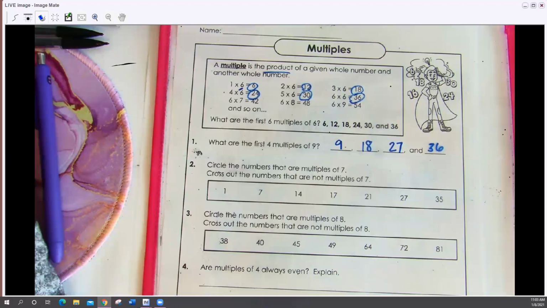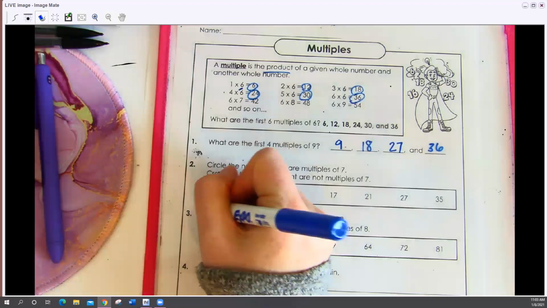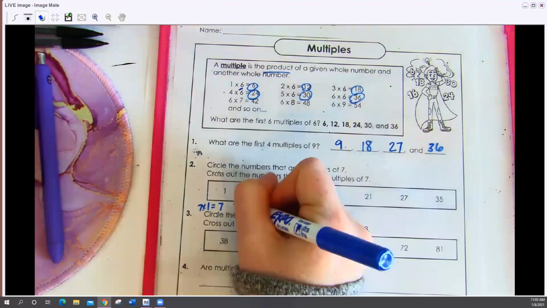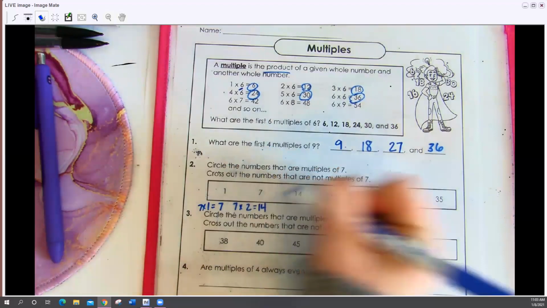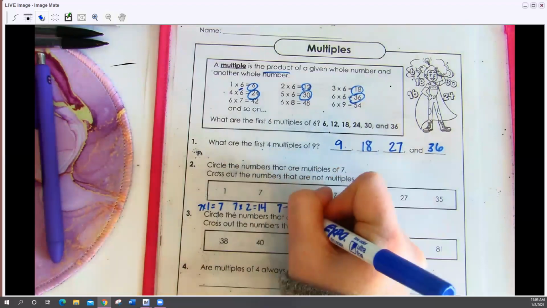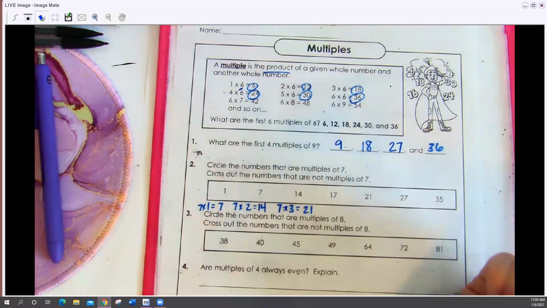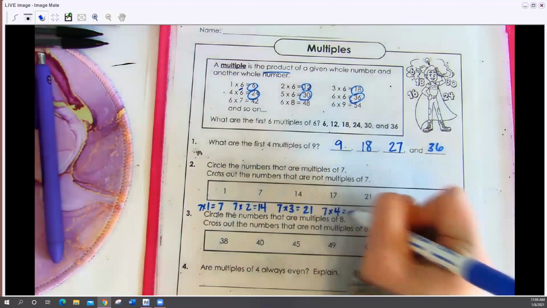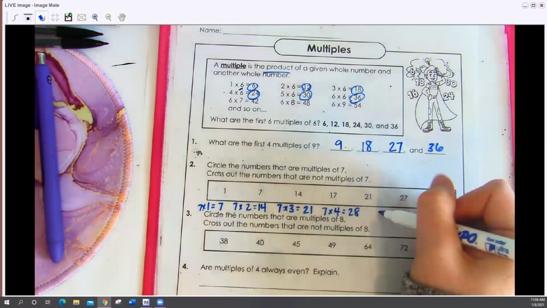So if I do 7 times 1, I get 7. 7 times 2 is 14. 7 times 3 is 21. 7 times 4, 28. And 7 times 5, 35.